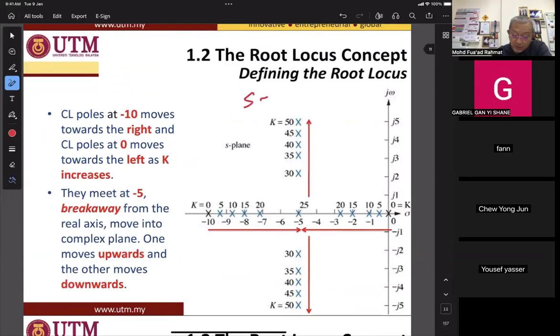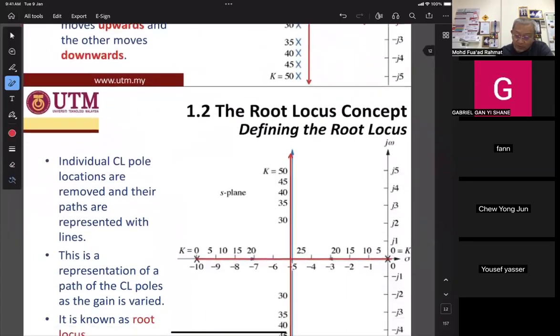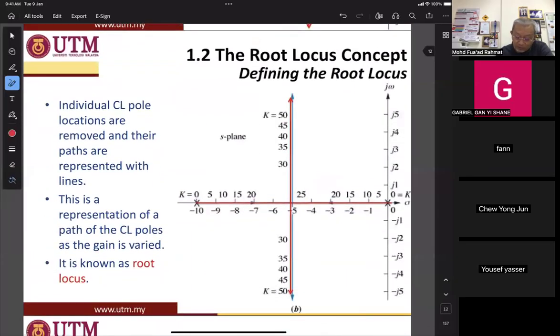So this is the S-plane, where the imaginary axis is versus the real axis. The blue points will be connected together by the red lines.